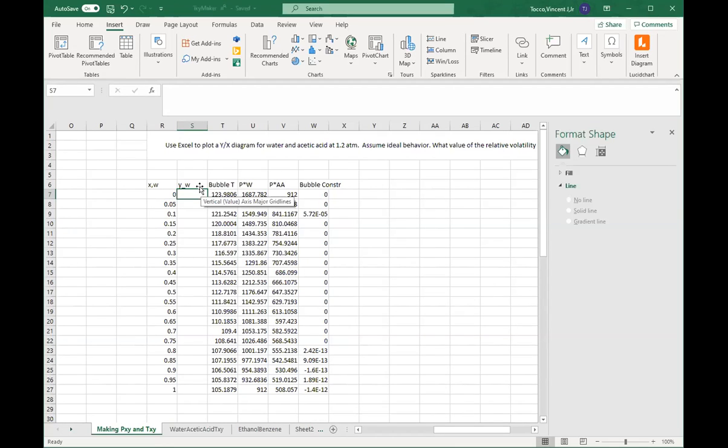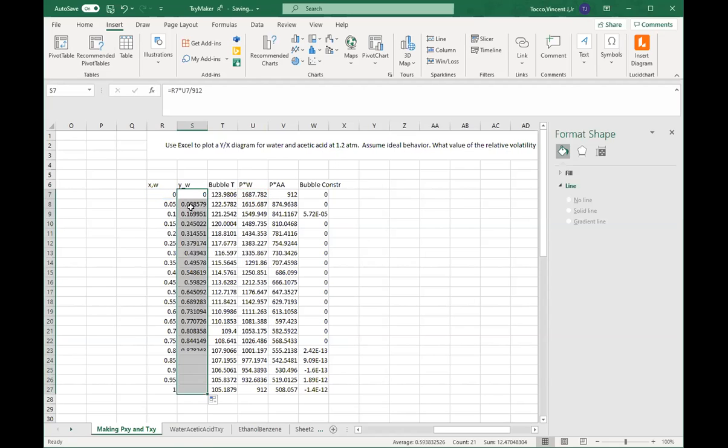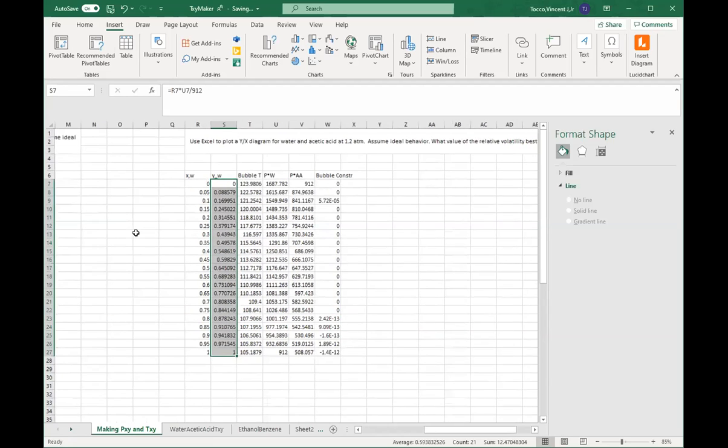Raoult's law, remember, is Y water times total pressure equals X water times P star water. So to get Y water, I'm just going to divide both sides by pressure. So that's X water times P star water divided by total system pressure, which is 1.2 atmospheres converted to millimeters of mercury. We did this last time, 912 millimeters of mercury. And double clicking this down will give me the corresponding Y for the given value of X.